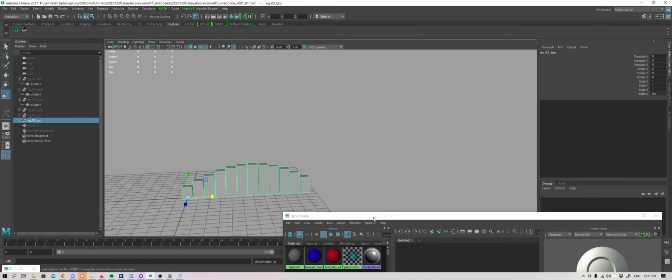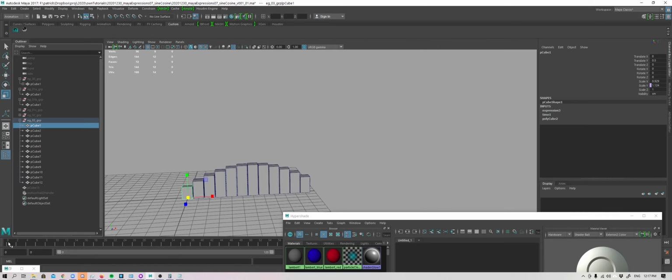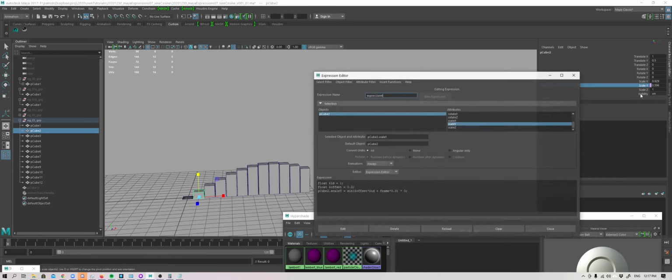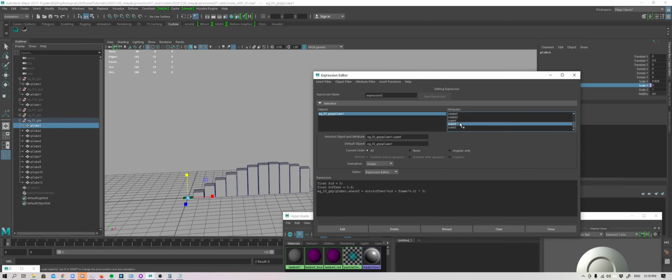This is a little bit more elaborate in the setup, where I drive the scale of each cube. So I have like 8 or 12 cubes. So each cube is offsetted. Each cube has an offset. So I started to do variables. Each cube has an ID, offset variable, where I offset the frame.